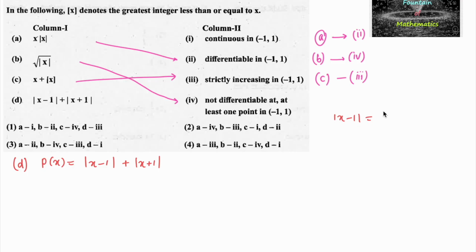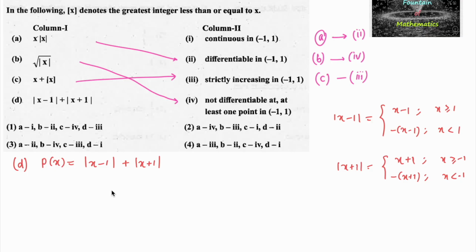Mod of x minus 1 will be taken x minus 1 when x is greater than or equal to 1, or negative of x minus 1 when x is less than 1. Similarly, mod of x plus 1 can be considered to be x plus 1 when x is greater than or equal to minus 1, and negative of x plus 1 when x is less than minus 1.